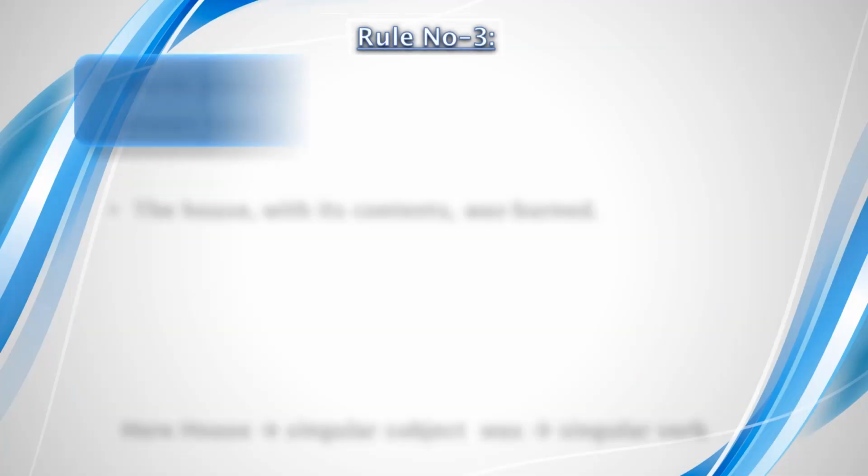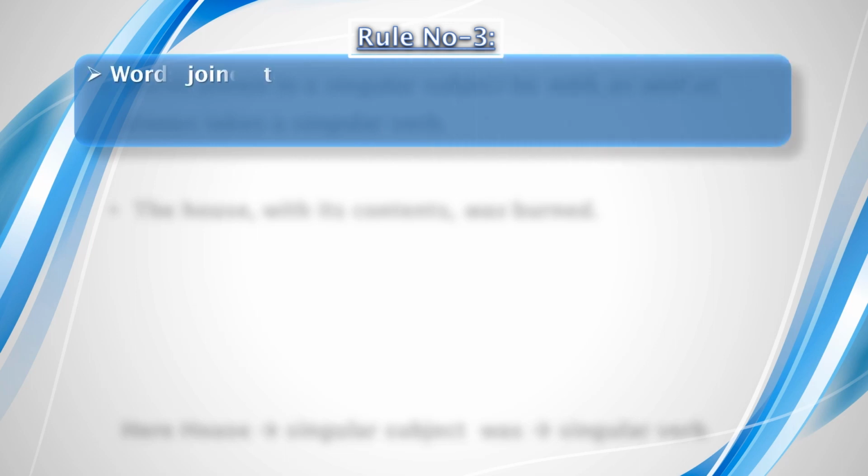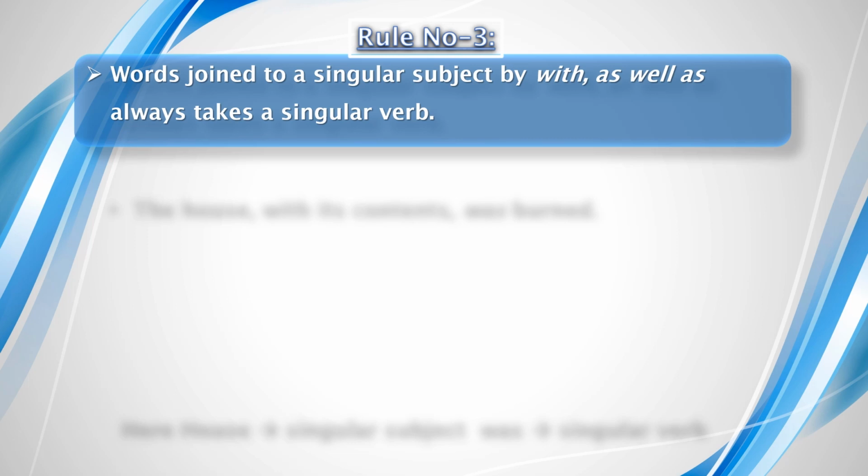So now come to the next rule. The next rule is words joined to a singular subject with or as well as. With or as well as always takes a singular verb.